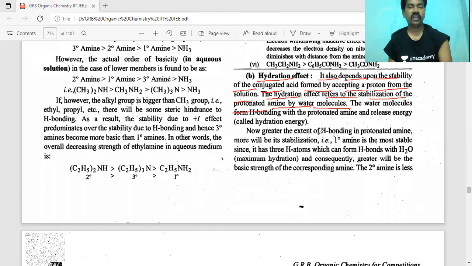Now, the greater the extent of hydrogen bonding in the protonated amine, the more will be its stabilization. So more hydrogen bonding, more stabilization.